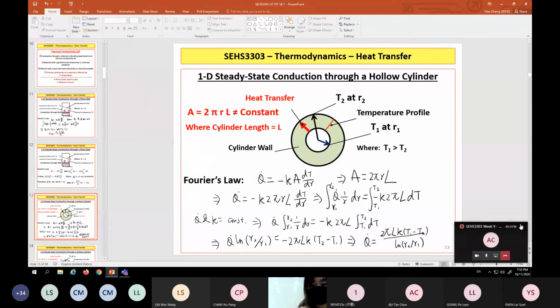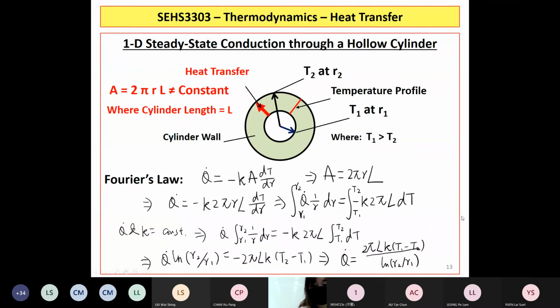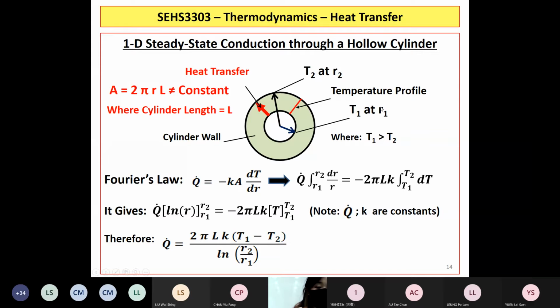If no, I will continue. Here, I should remind you to become familiar with these equations, to calculate the conduction heat transfer through this circular pipe or the plane slab, because later we will use them quite often. Okay.